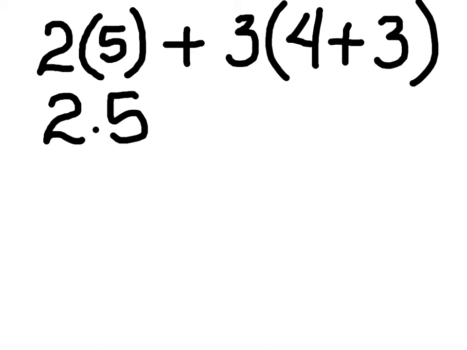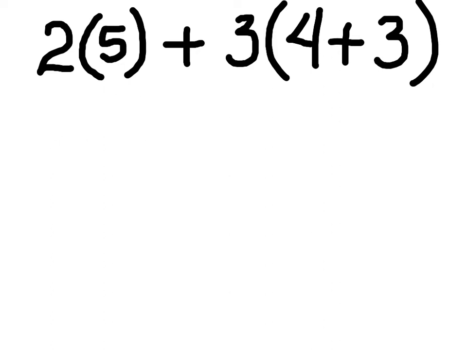So to use the dot is okay, but to be a good mathematician and use math grammar, math etiquette, I would suggest using the parentheses. Let's try my eraser here. Okay, erase that. All right.